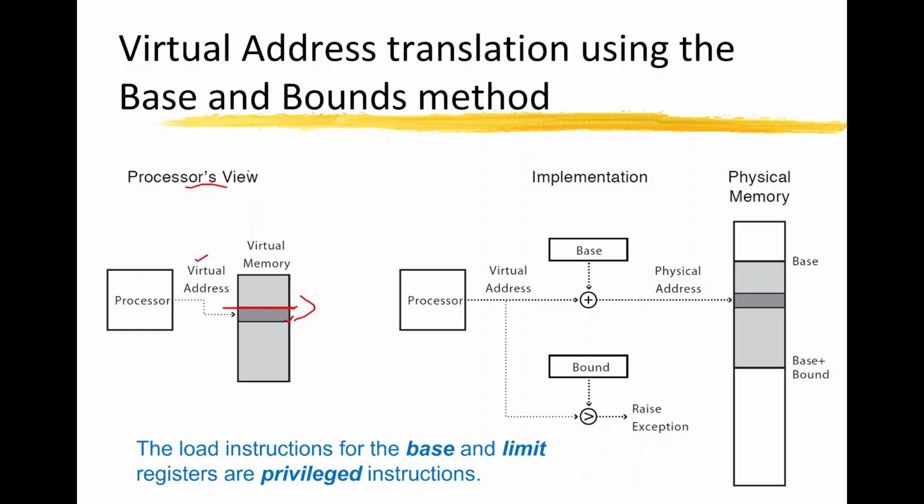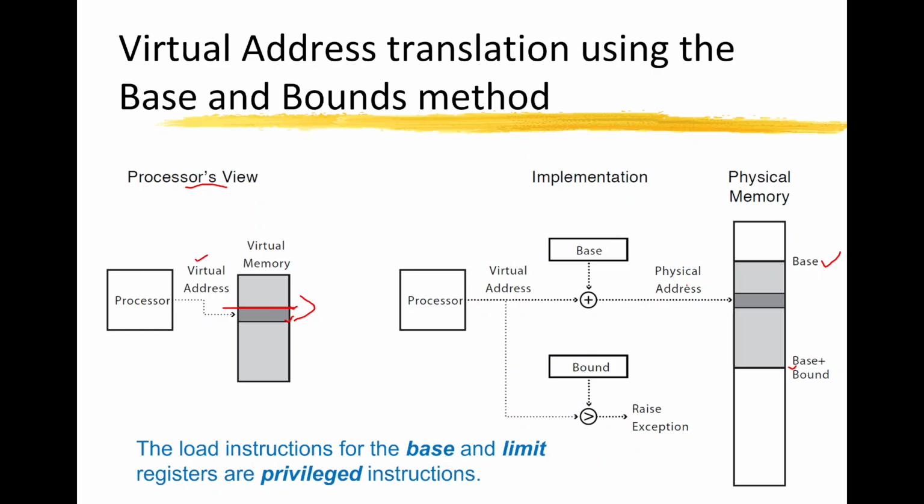In implementation, the processor requests the virtual memory, looking for the base. Is the base available within the same? Yes, it is. Therefore, it now asks for the bound. Is the bound within? Yes, the bound is within that environment.